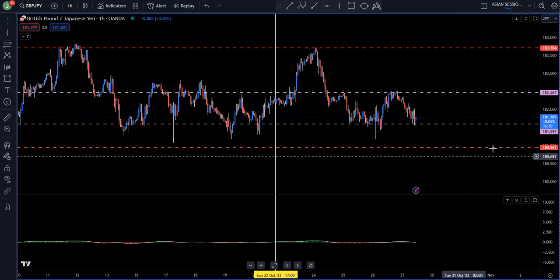So for those of you that are new to the channel, let me just make sure you're in the right room. I teach simple, easy trading methods that will allow you to get a minimum of 20 to 25 pips consistently. I do that with market structure and market structure alone. You're not going to see a whole lot of busyness on my chart.